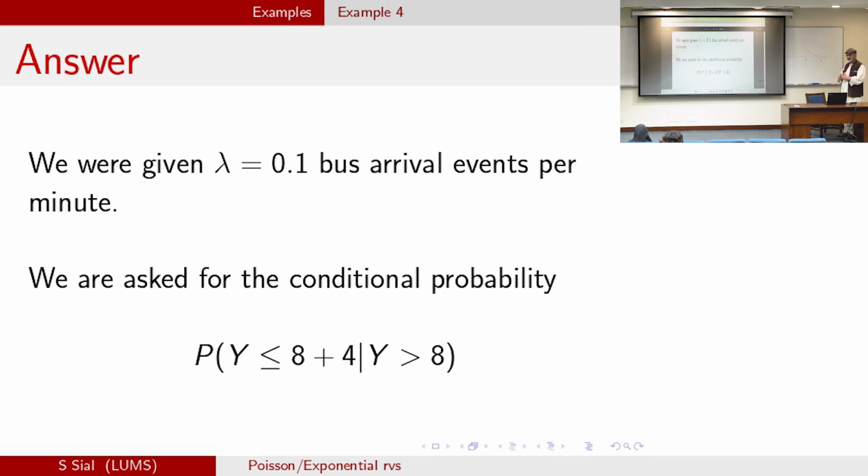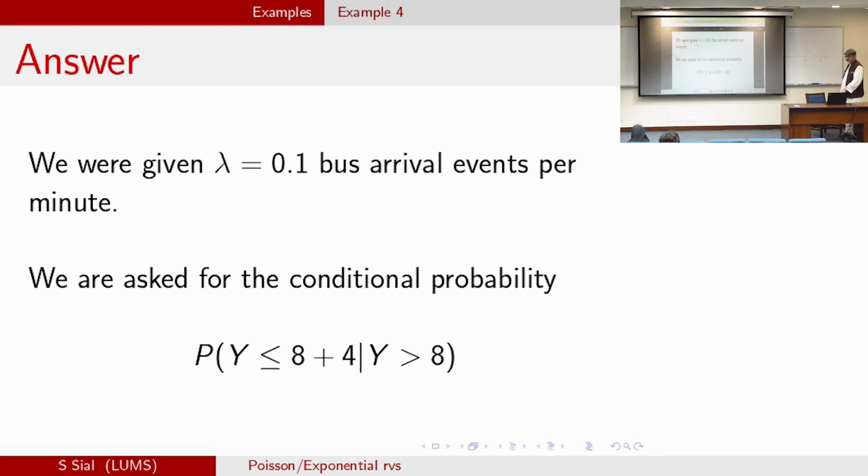I'm asked for the conditional probability. I started timing and got to 8 minutes, and now I'm looking at the probability that my waiting time is less than or equal to another 4 minutes.